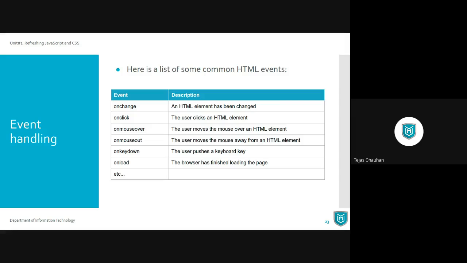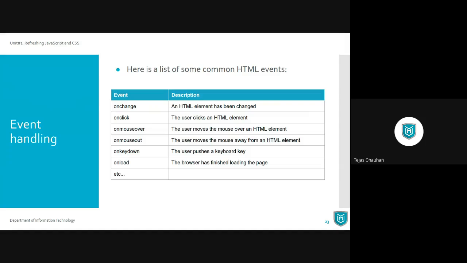So change event, click event, double click event, mouse over, mouse out, blur, then copy, cut event, drag event, drop event, drag over event, then focus event, and a key press event, key down, key up event.